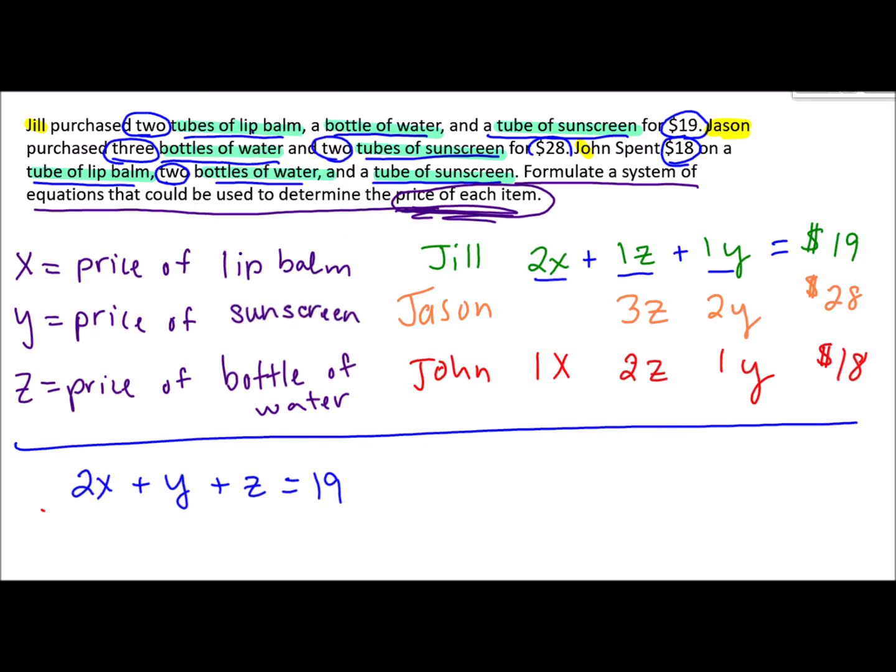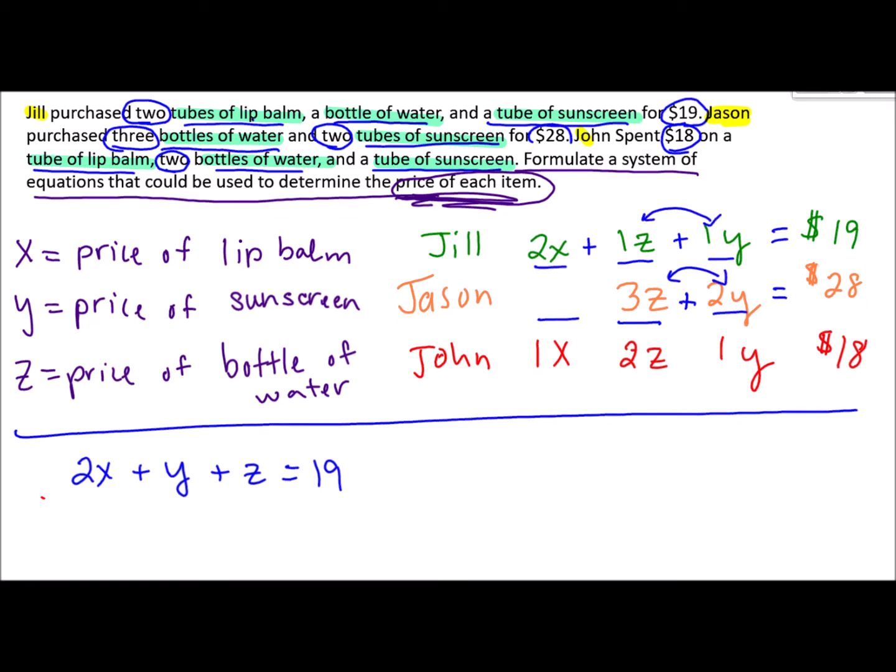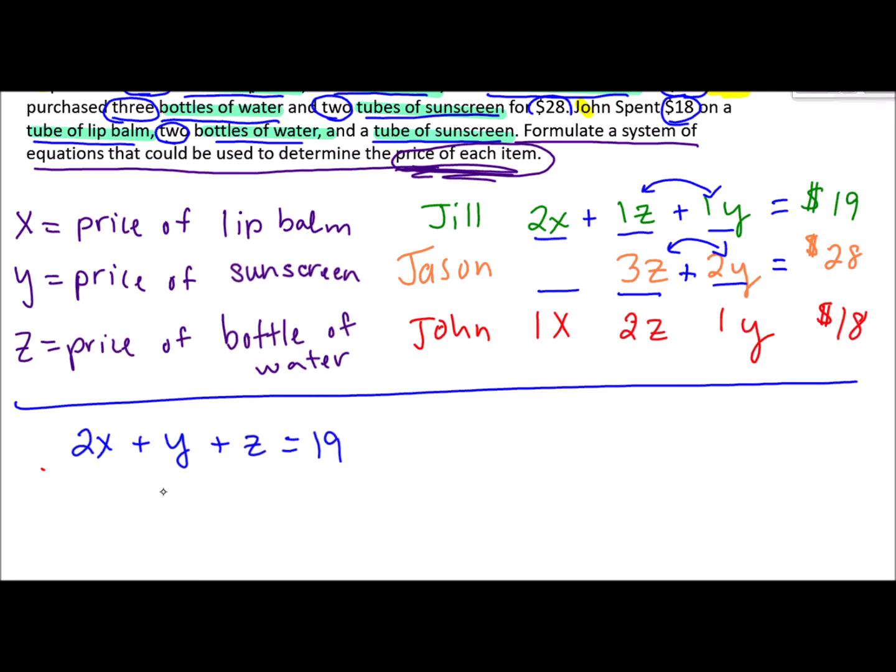Looks like we have no lip balm, but he's got 3 bottles of water and 2 sunscreens, and he spent a total of $28. So second equation is going to be, again, I'm swapping these around. Just doesn't feel natural to me. So it's 2y plus 3z equals 28.